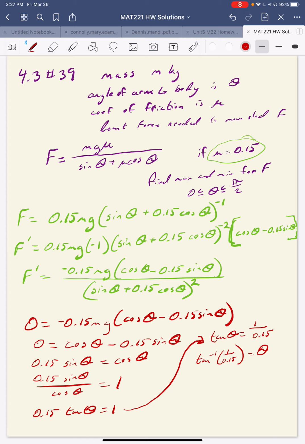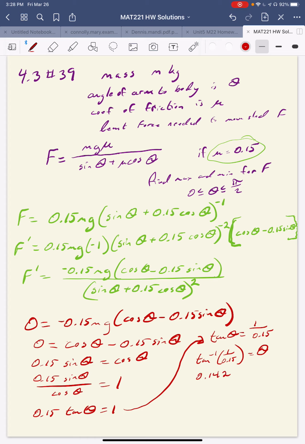It tells me the input to my original function now becomes the output of the inverse function. And then I go to my handy dandy Desmos for this one, and I find out that that gives me 0.1429 equals theta.